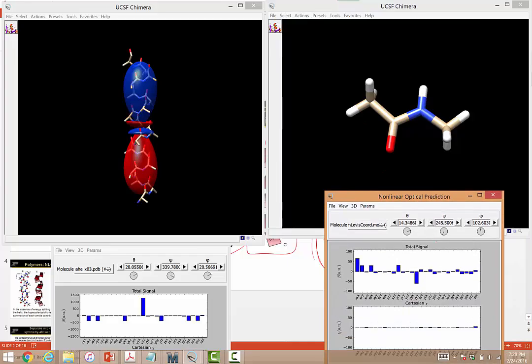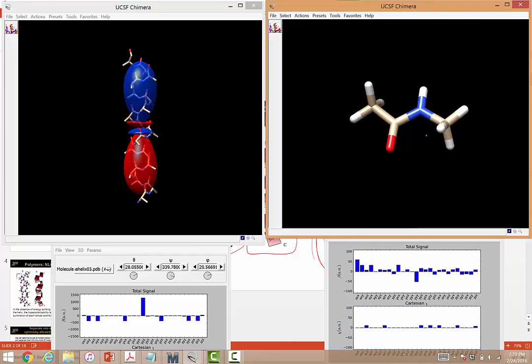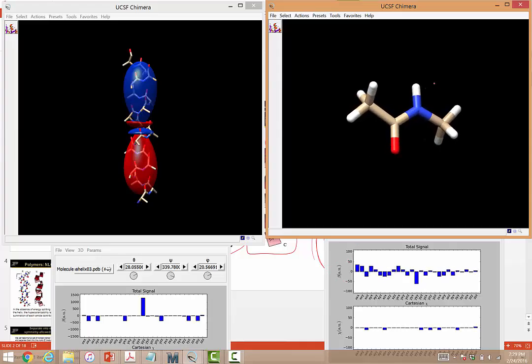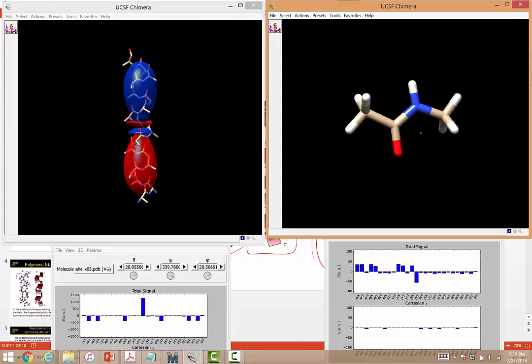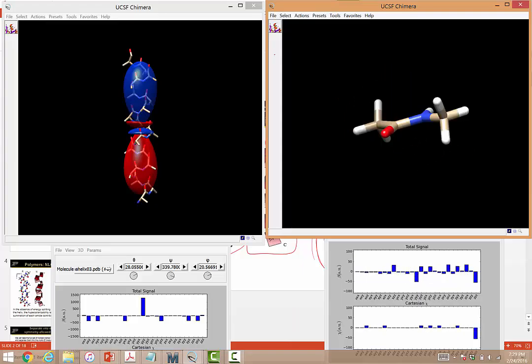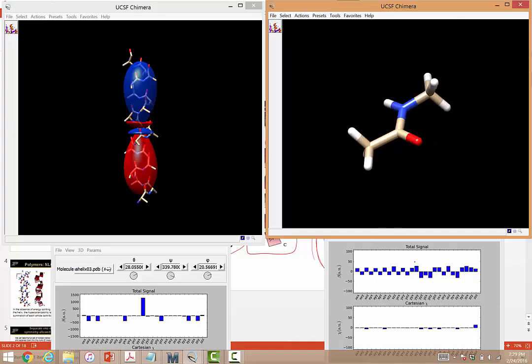And we can describe the nonlinear optical properties of the amide group. This is the set of all 27 elements for the molecular tensor in the coordinate system shown here, where the horizontal axis is the x-axis, the vertical axis is the y, and the z is pointing out at you according to a right-hand rule. So we can describe the molecular tensor in any coordinate system using this approach.